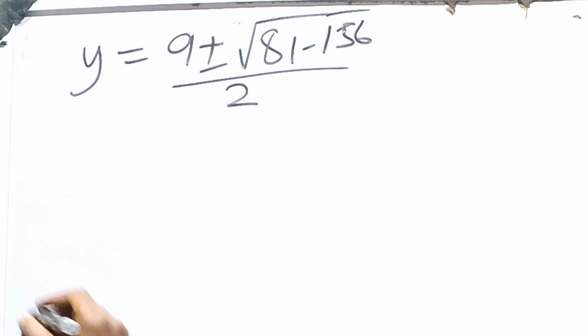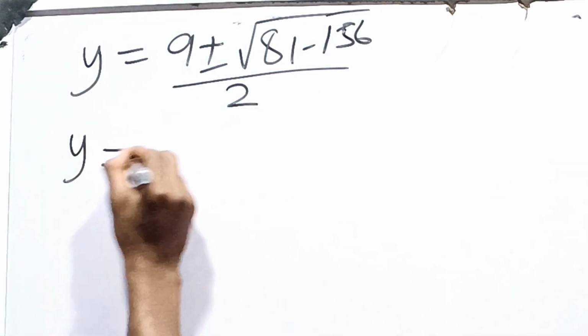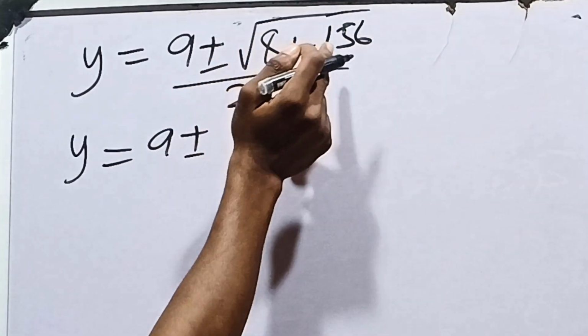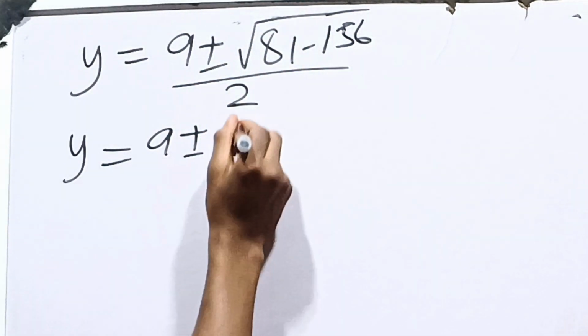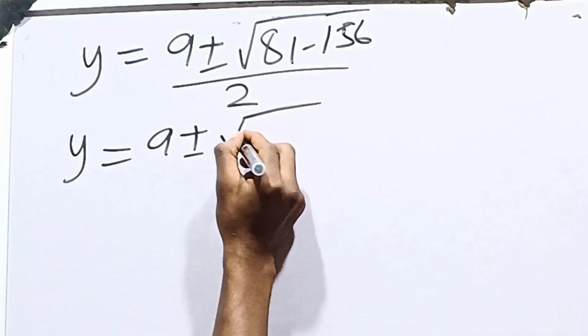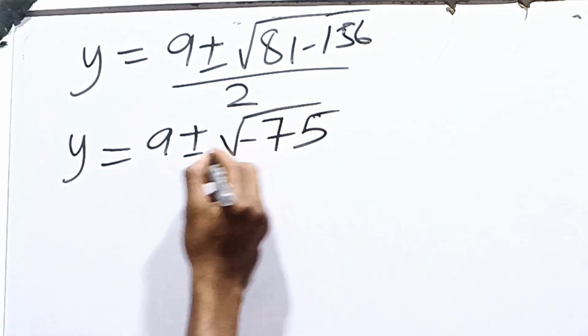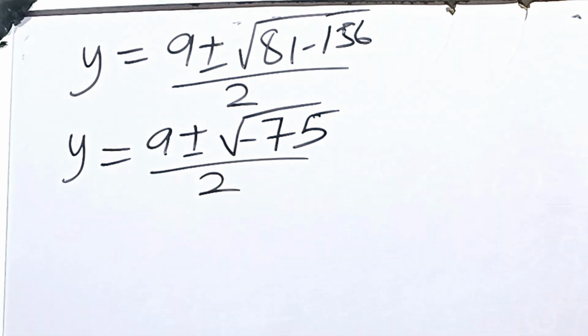Now moving on from here, we have that y should be equal to 9 plus or minus root of 81 minus 156, which is negative 75, divided by 2.